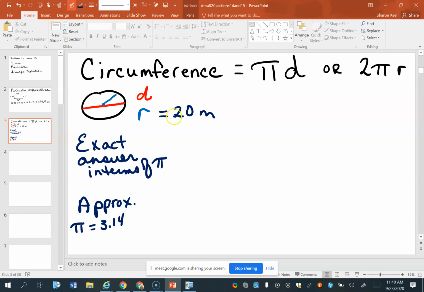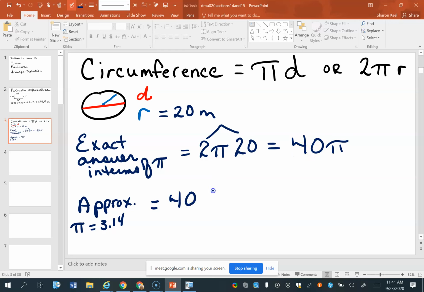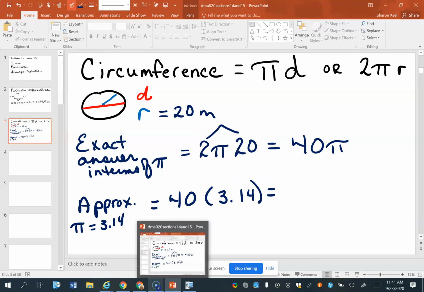So since we're using the radius, our exact is going to be 2 times pi times the radius of 20. So 2 times 20 is going to give us 40, and then the pi symbol, okay? Now, when we do the approximate, we know that we have 40. So 40, in place of the pi, we're going to multiply by 3.14.